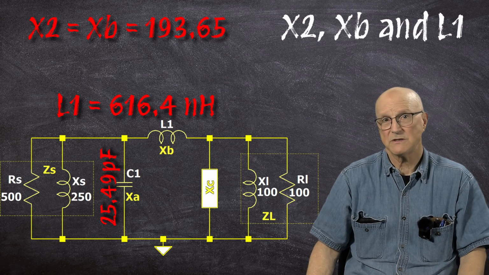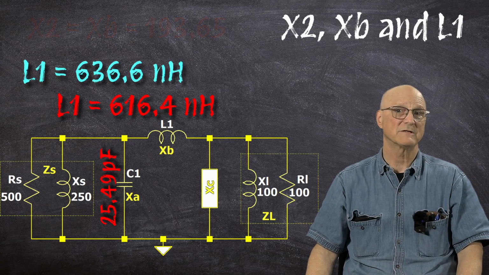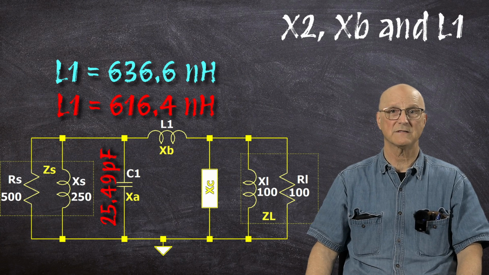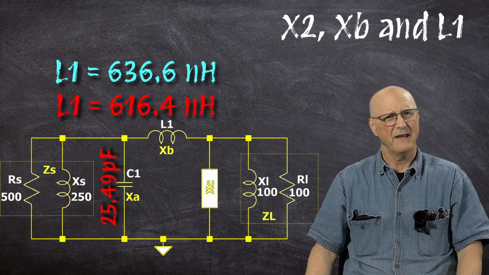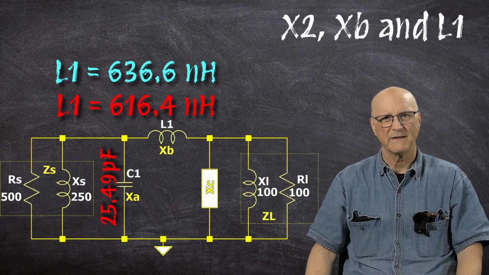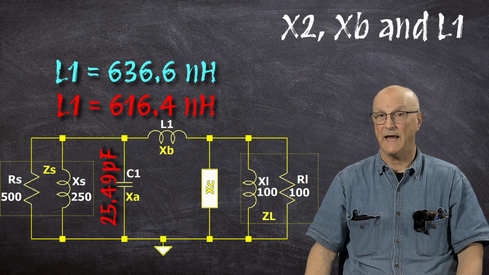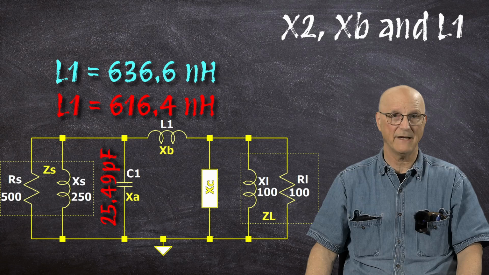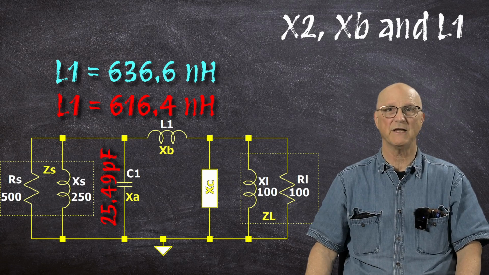Now, when we use the Smith chart, we arrived at a value of 636.6 nanohenries, and we're not too far different. Now, we can move on to the next and final component of our pi configuration impedance matching network.